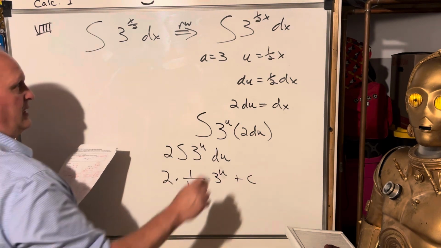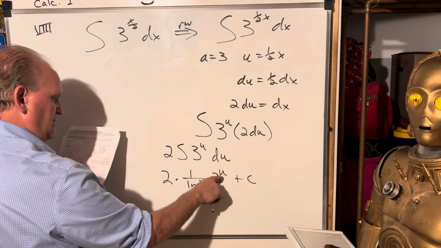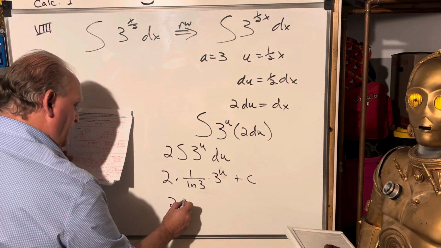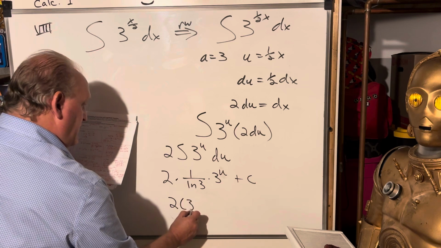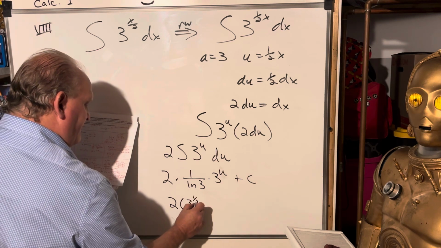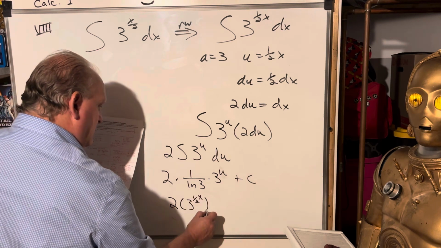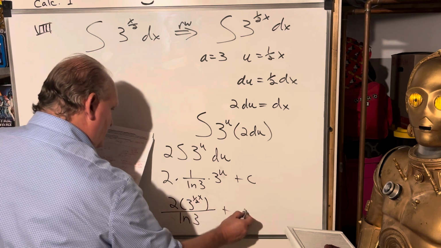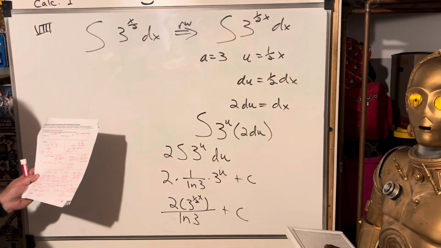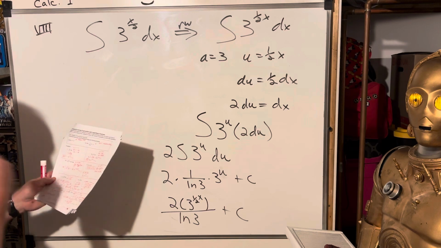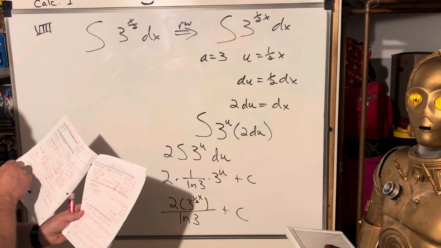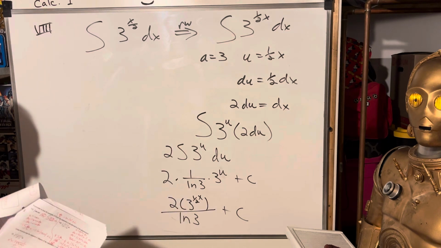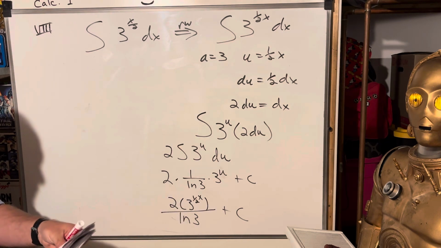And then put 1/2 x back into where u is. So what do we have? We've got 2 times 3 to the 1/2 x over ln 3 plus c. Lovely. So that was page 31.